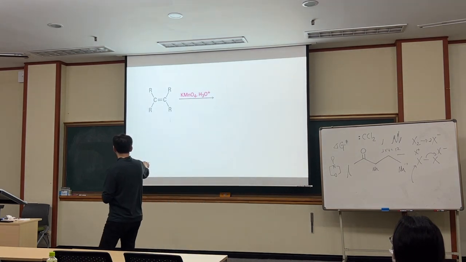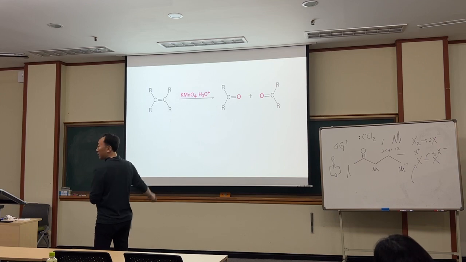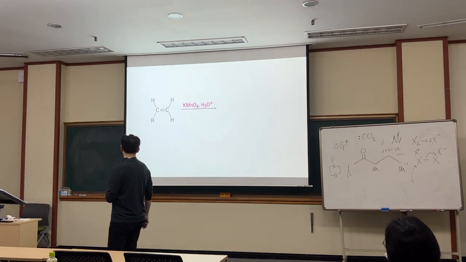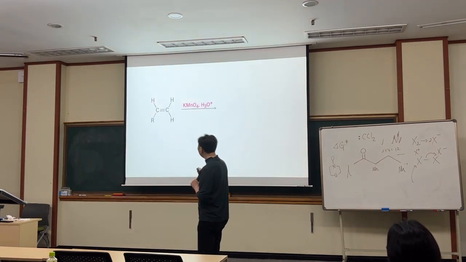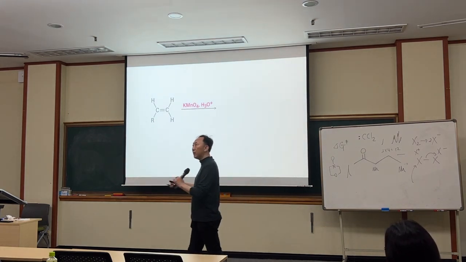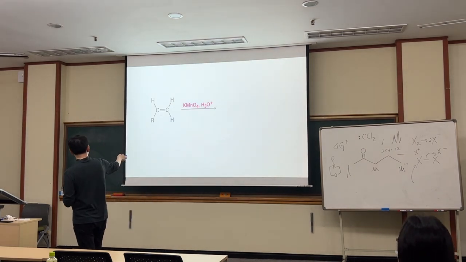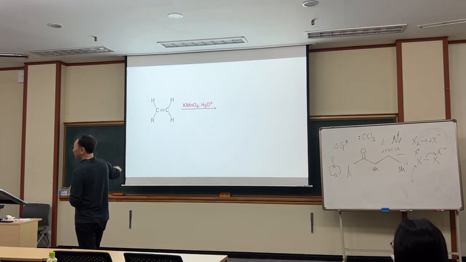In the oxidative way, if it is fully substituted, the product is the same. But if it has different substituents, then the product is different. Oxidative conditions can oxidize further. Once this breaks up here, it generates an aldehyde, right?